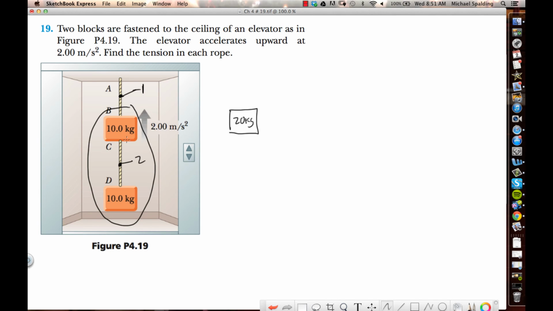If you combine those two masses into one, what are the forces on it? Well, what's holding that 20 kilogram mass up? T1. What's pulling it down? mg, where m is 20 now, so this is 196, right? Up is plus, down is minus, sum your forces. So now you go T1 minus 196 equals MA.